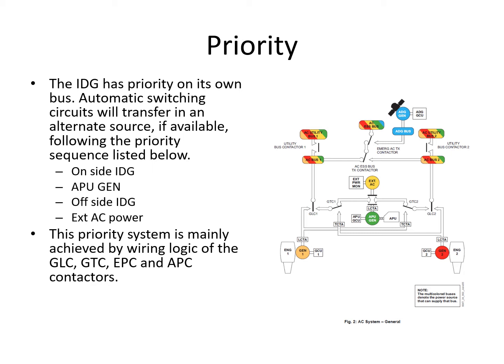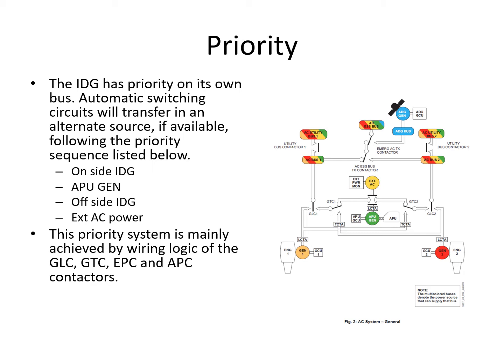First of all, it's going to try and find power from its on-side IDG. If there's no power from the IDG, it will look somewhere else. The first place it looks is the APU generator. If that's not working, it will then look to the offside IDG, and if that's not working, it will look for it from external power.